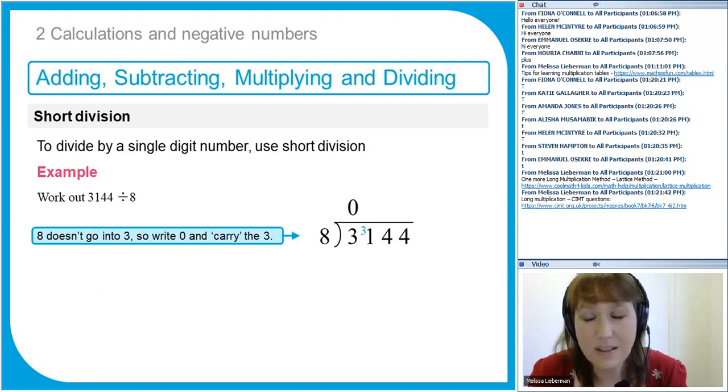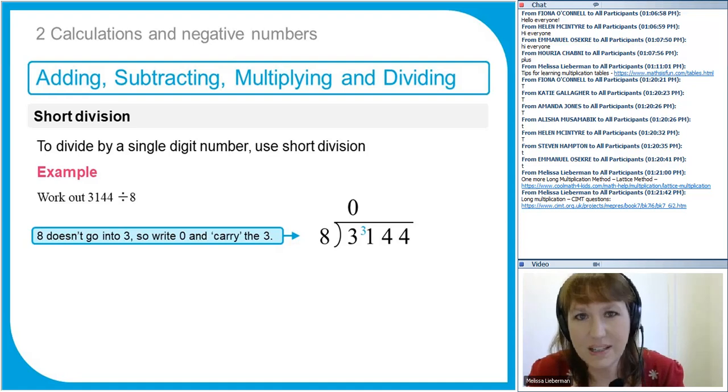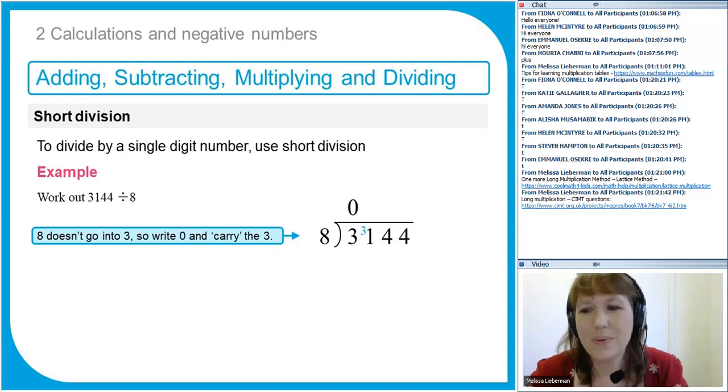So it must go 3 times. 3 times 8 is 24, so it's 3 remainder 7. So it goes into 31 3 times with remainder 7, and then the 7 gets carried along to the next digit.